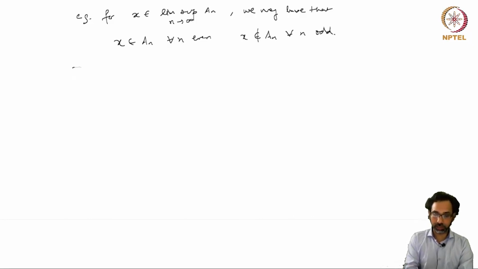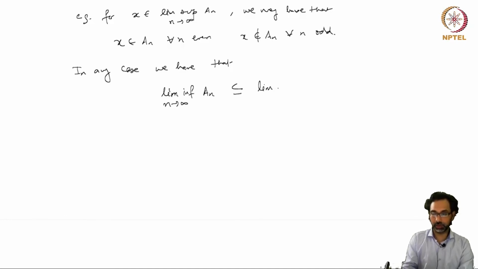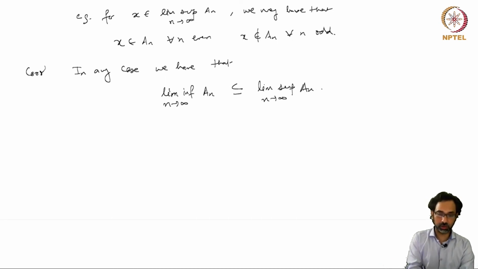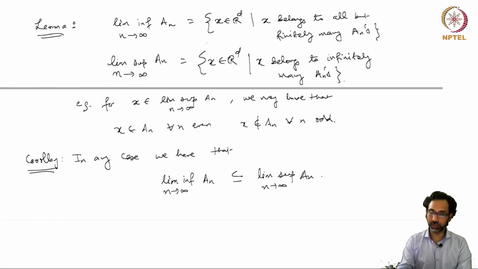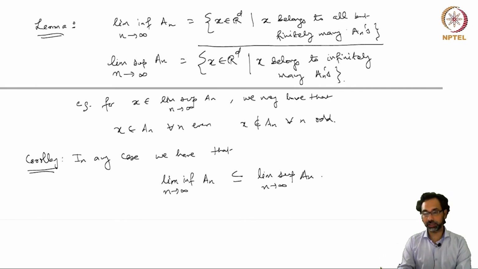But in any case, we have that liminf of A_n is a subset of lim sup of A_n. So this is a corollary of the lemma, because if we take this definition, the left set is the set of all x which belongs to all but finitely many, and the right hand side is belongs to infinitely many.